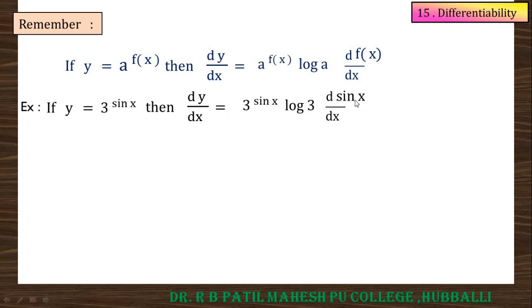Otherwise you can write it directly here also, because it is a very simple function. Sin x, what is its derivative? You can write the direct answer, cos x. So the next step is 3 raised to sin x into log 3, and d by dx of sin x is cos x. So this is the way of following if we have a composite: same function into log a, or log of the base, and then the derivative of the composite variable. I hope you understood, friends.